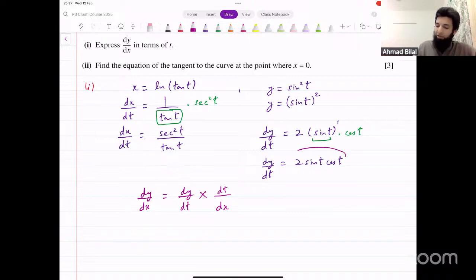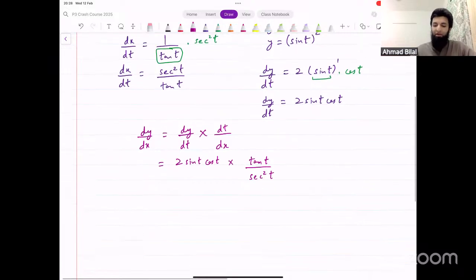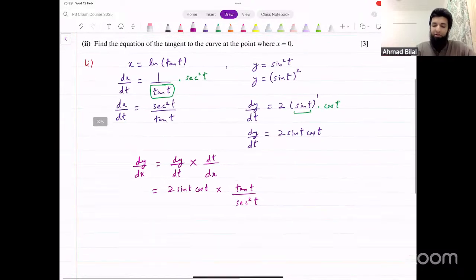Dy over dt, that's this, 2 sine t cos t, multiplied by dt over dx, that's the reciprocal of this, tan of t divided by secant square of t.